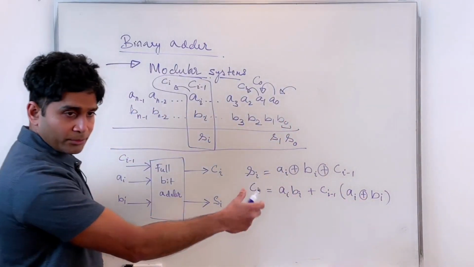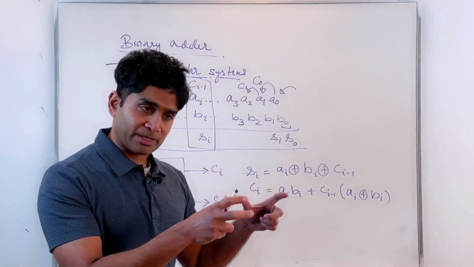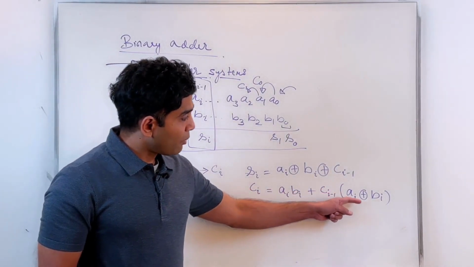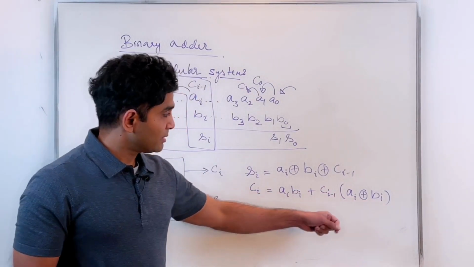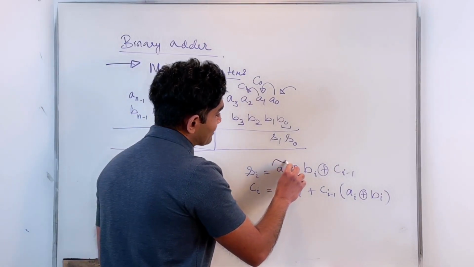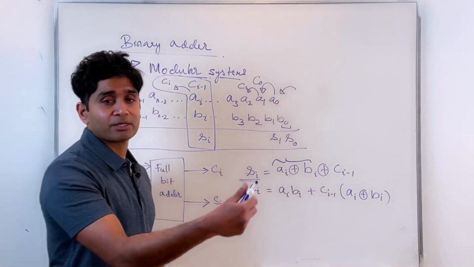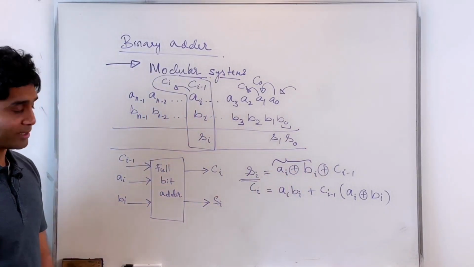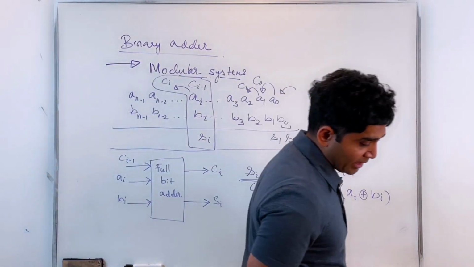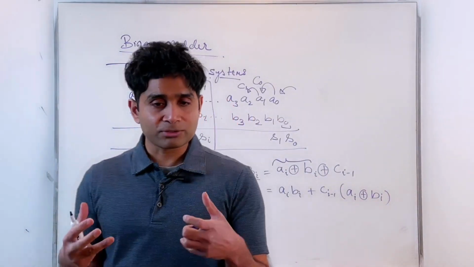Again, if you recall what we did in the original K-map, when we simplified using the K-map rules, we got this as AI or BI, right? Since we are already computing AI exclusive OR BI for my SI, if I can reuse that term, I don't have to have an additional OR gate between AI and BI. That would help with the power consumption and make my circuit compact.